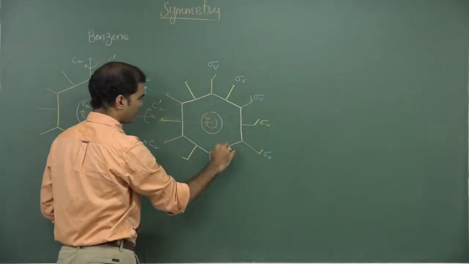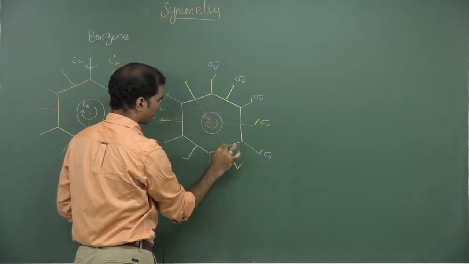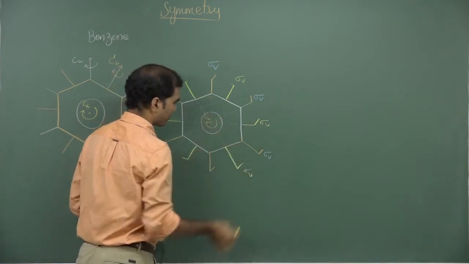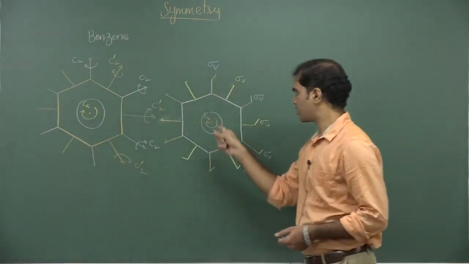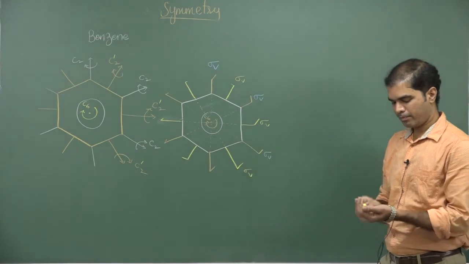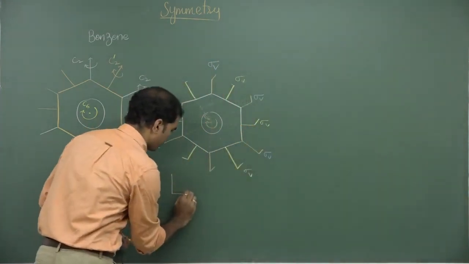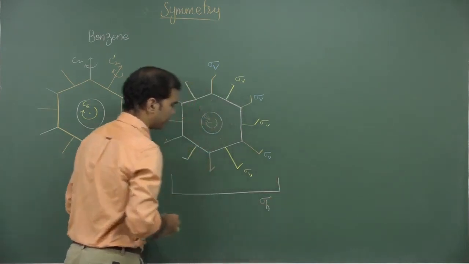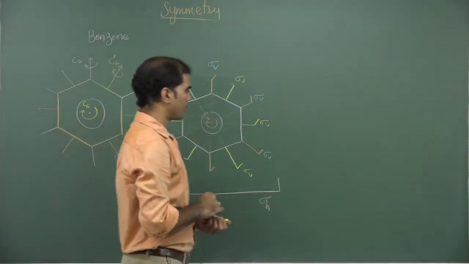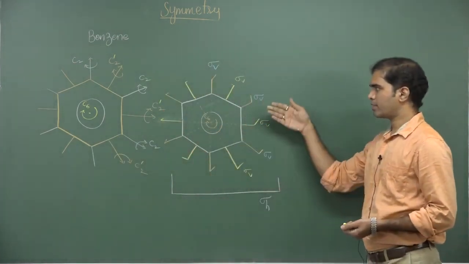Finally, this plane we are also calling a sigma v because all these planes are parallel to the principal axis. We have a molecular plane which is a sigma h. There is a sigma h, along with that we also have 6 sigma v.